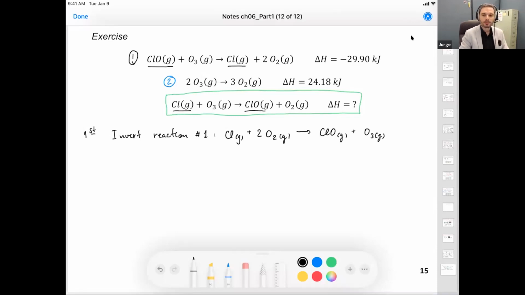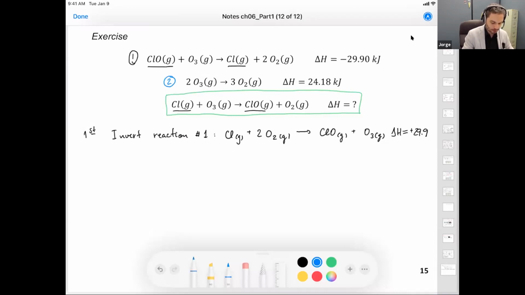Okay? Always pay attention to the physical states when you are doing that. Now that we inverted the reaction, we also have to invert the sign of delta H. So the delta H was minus 29.9, and it is going to be plus 29.9.